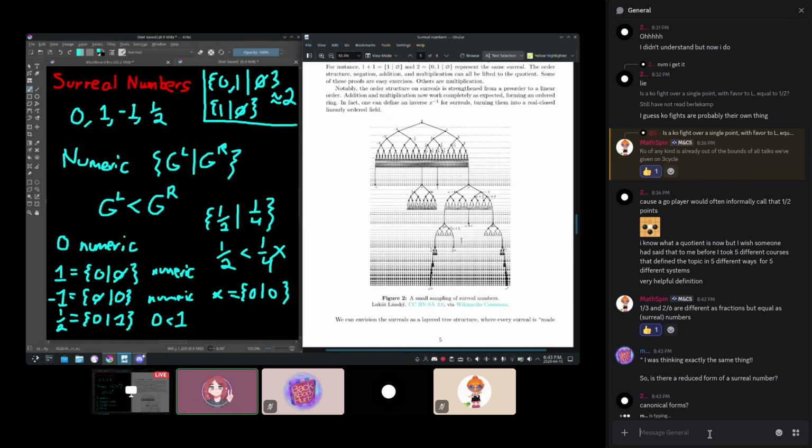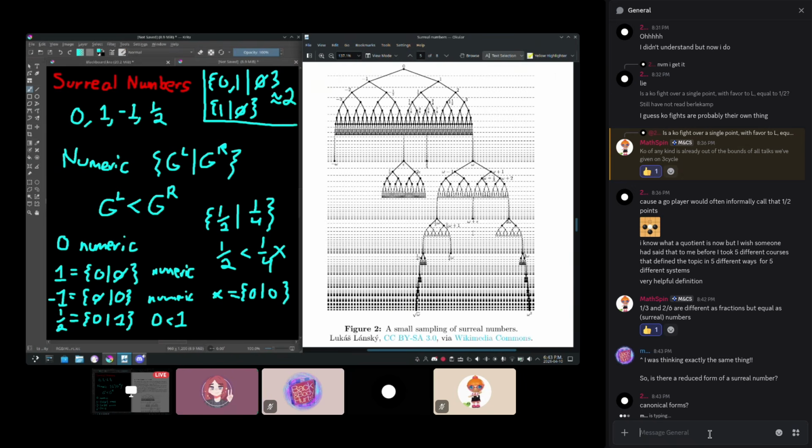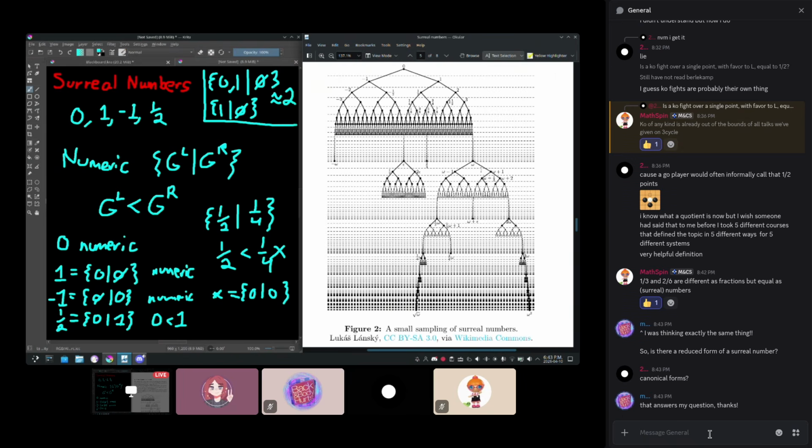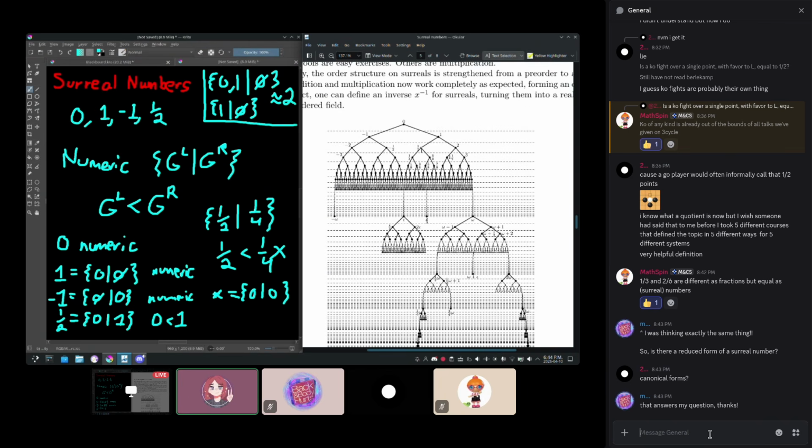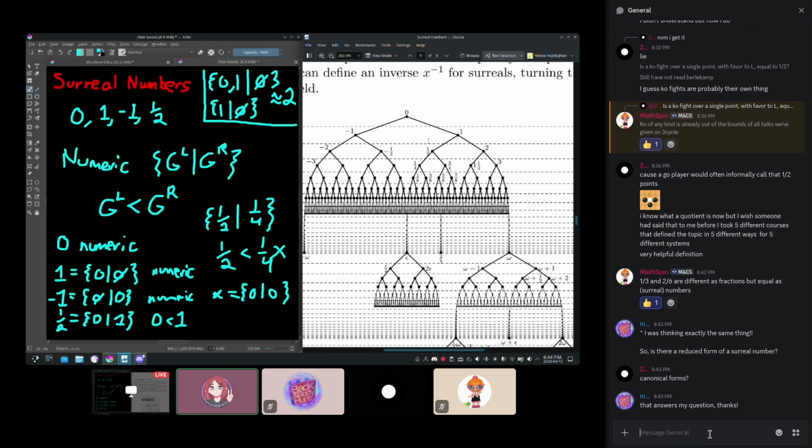So let me now just wow you with this diagram right here. This is a small sampling, and I really do mean a very small sampling of the serial numbers. We can sort of see them. We have a sort of tree structure. I don't think I'll get to explain what exactly this tree structure means, but it might at least make some intuitive sense.